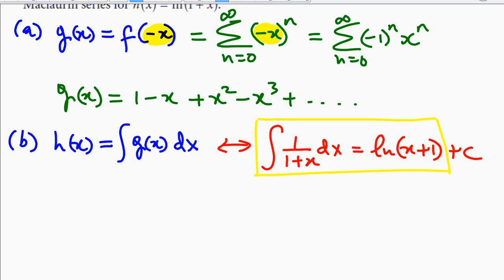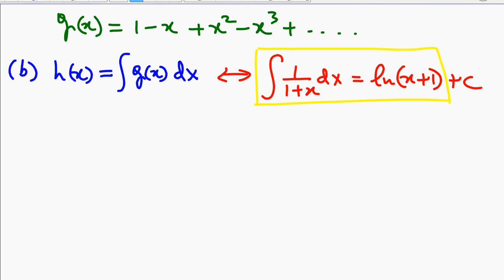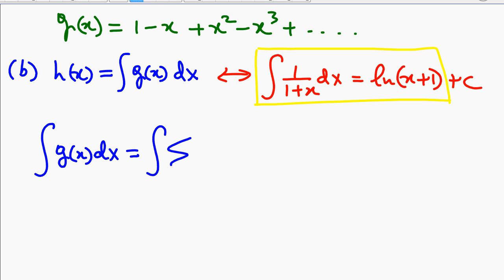So we can go ahead and say the integral of g of x with respect to x will be equal to the integral of the sum from n equals 0 to infinity of negative 1 to the power n, x to the power n, with respect to x.